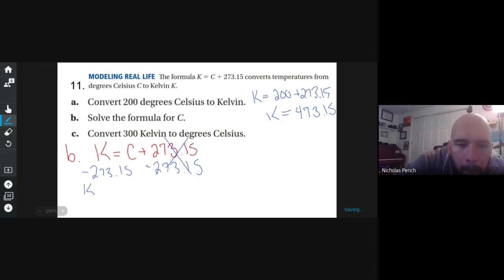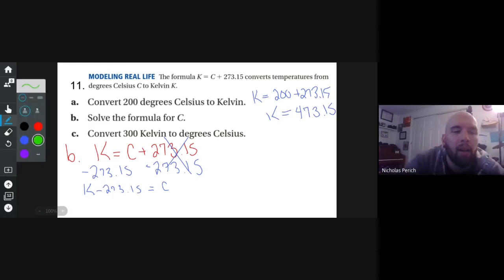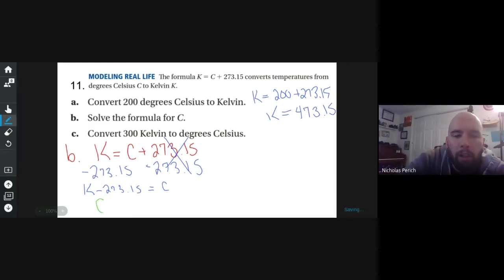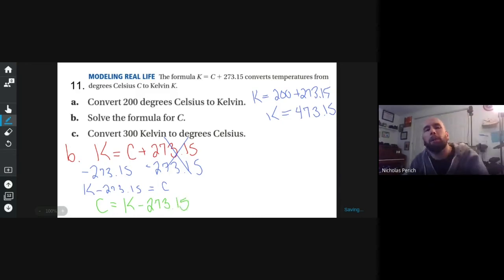So I'm going to write out K minus 273.15 equals C. Did I solve the formula for C? I sure did, but it's in the wrong way again. So I'm going to switch it. C equals K minus 273.15. That's my answer to B.